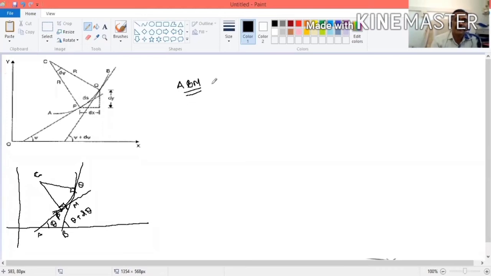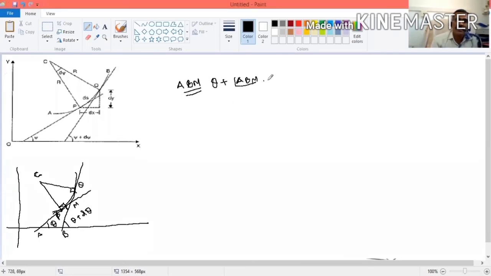One is theta, plus this angle we don't know, that is angle ABM. This angle is not known.